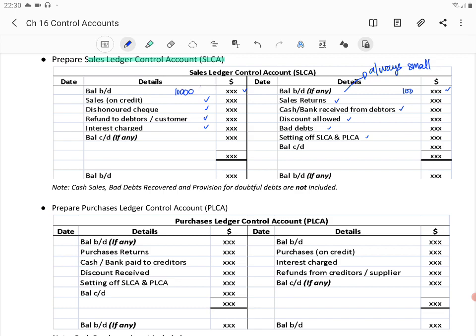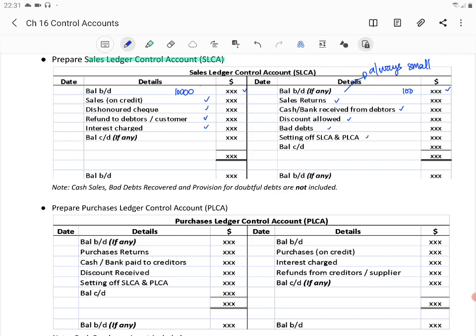That is why it is increased again, so a dishonoured cheque will definitely increase the SLCA. And then interest charged also increases trade receivables. If your trade receivables are late making payments to you, you charge them more, which means their amount owing to the business is increased. That is why interest charged is also on the debit side.